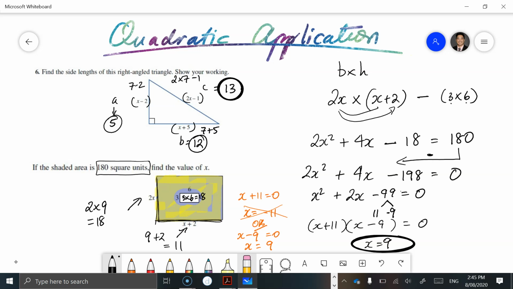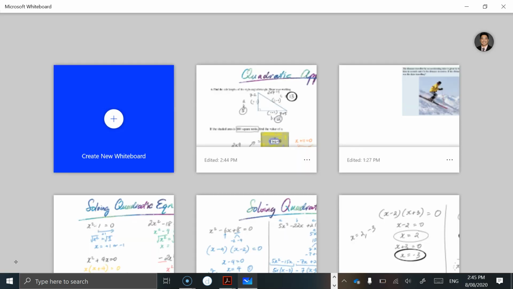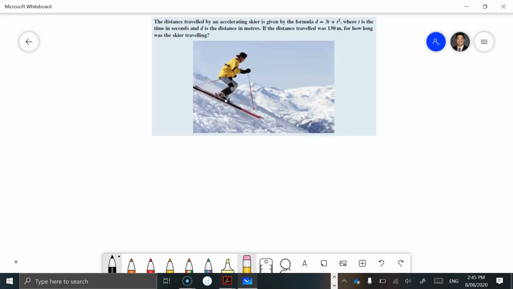Let's move on to another question. I have one more. Here we have a different scenario, but it's still a quadratic expression. The distance traveled by an accelerating skier is given by the formula d is equal to 3t plus t squared.